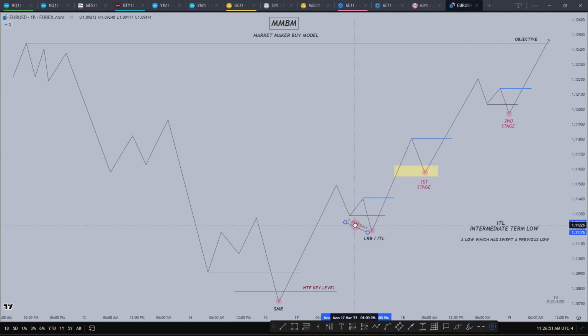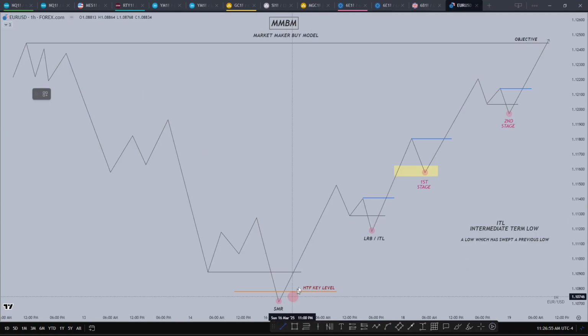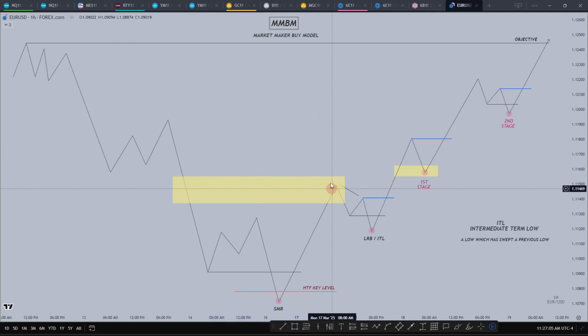Would this SMT be valid to me? Yes. But would I care about this SMT that much? Not unless there is a relevant objective here from where I could frame reversal to the downside. Until the objective is met, this opposing SMT I don't care about.